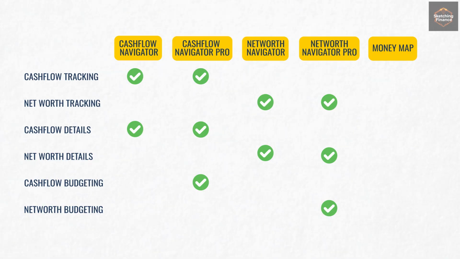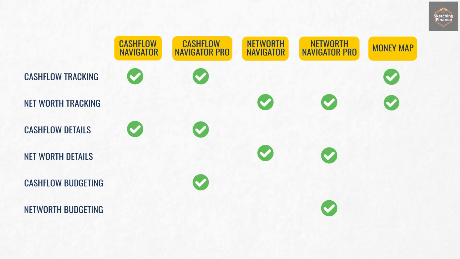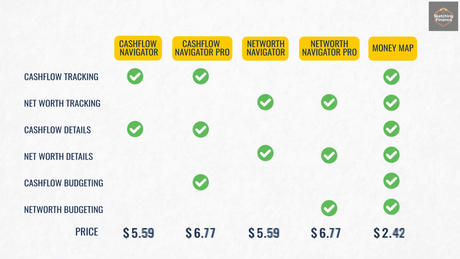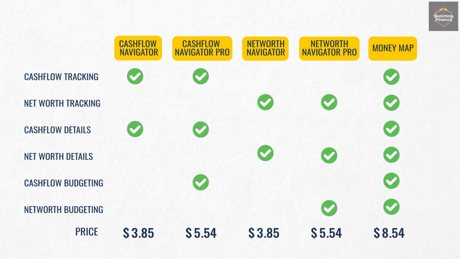For those ready to see the full big picture, the Money Map tool is our flagship. It combines both sides, cash flow and net worth, and blends actuals with budgets in one place. And the price? Very affordable. Even the most advanced tool costs less than $10, a tiny one-time cost compared to the hours it saves and the clarity it brings over your finances.